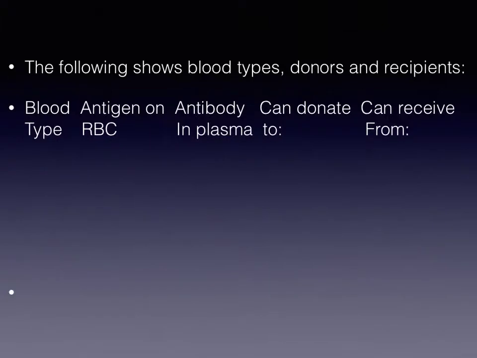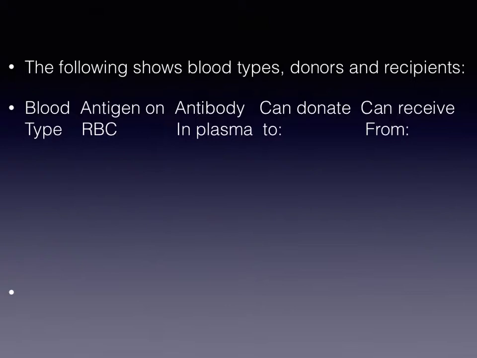The following shows blood types, donors, recipients. The headings are blood type, antigen on RBC, antibody in plasma, who they can donate to, and who they can receive from.